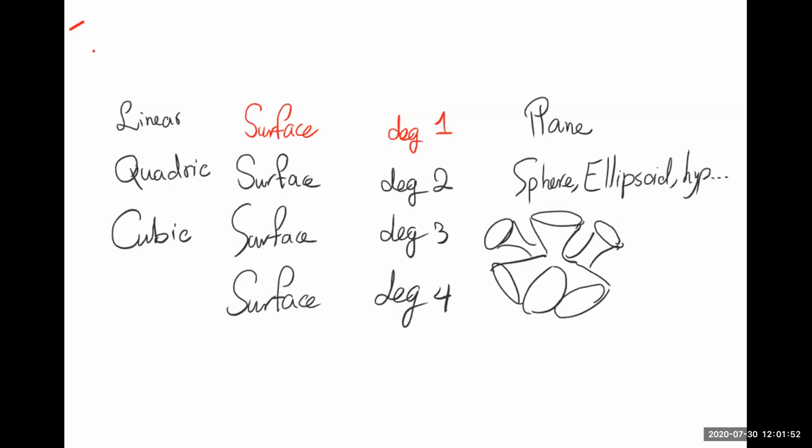The surfaces of degree 4 are called quartic surfaces or quartic equations. It's hard to get a feeling for them, but let me show you one photo of a surface of degree 4.